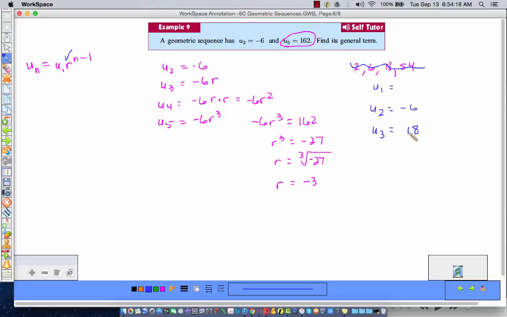Same thing. So 18 divided by -3 is -6, and -6 divided by -3 is equal to +2. So I've got my U sub 1, meaning my general term is U sub n equals 2 times (-3) to the n minus 1. I don't need the multiplication symbol.